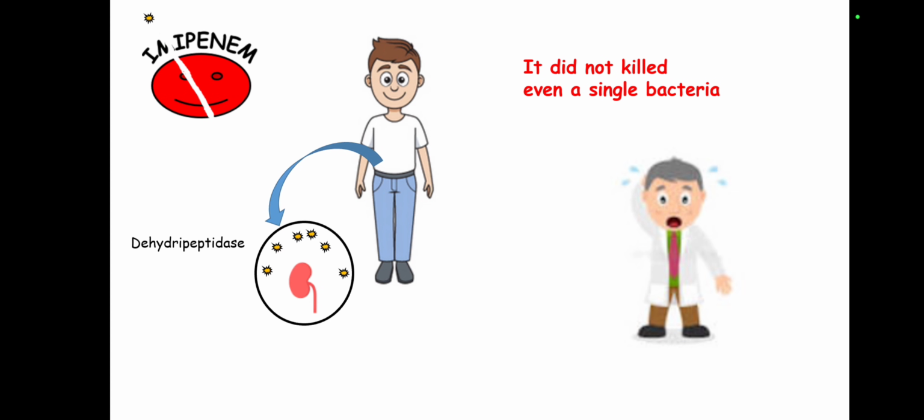So then we thought of a strategy: what if we inhibit this enzyme dihydropeptidase? When this enzyme is inhibited, imipenem will not be broken, and when it is not broken, it will become effective. Therefore we developed a drug which inhibits this enzyme, and the name of that drug is cilastatin.